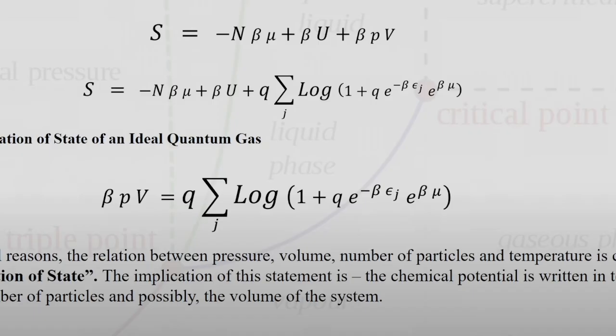integral again, same thing. V by 8 pi cube, I'm directly writing it out. 4 pi k square dk log of 1 plus q e raised to power minus beta k power s square beta mu is equal to 4 pi qv divided by 2 pi square.